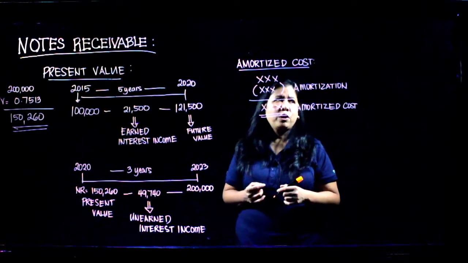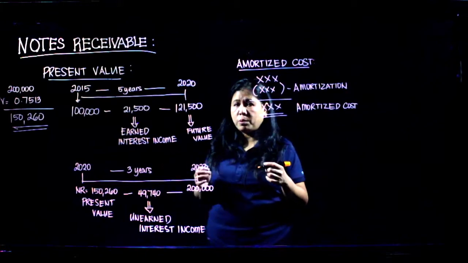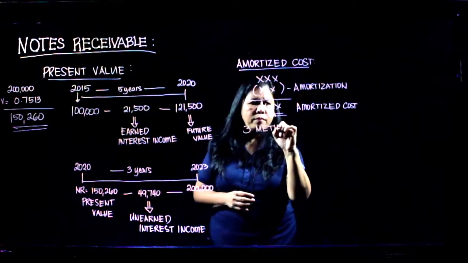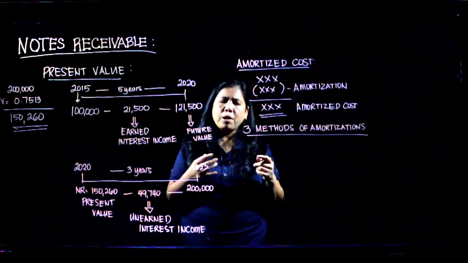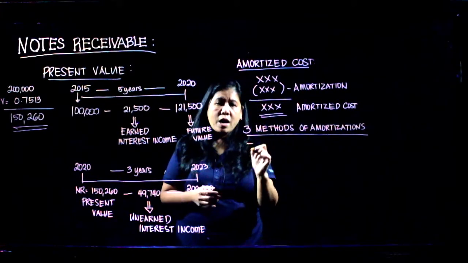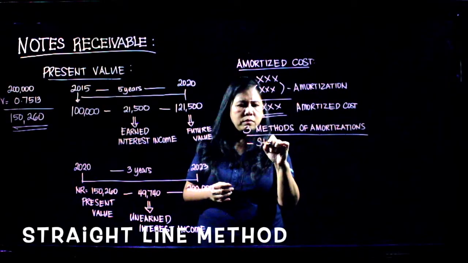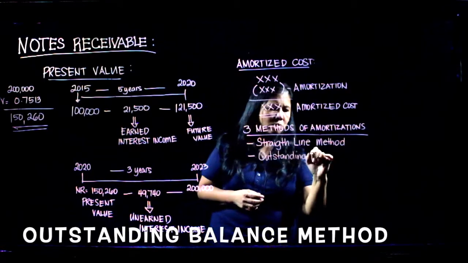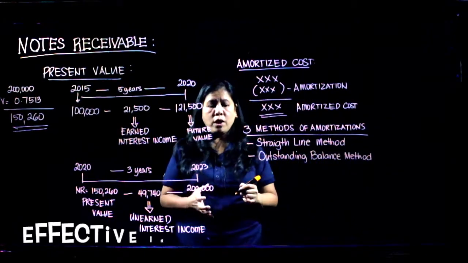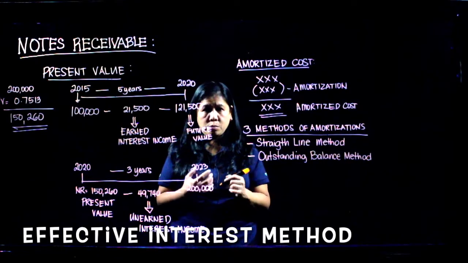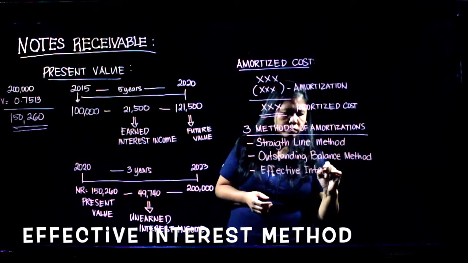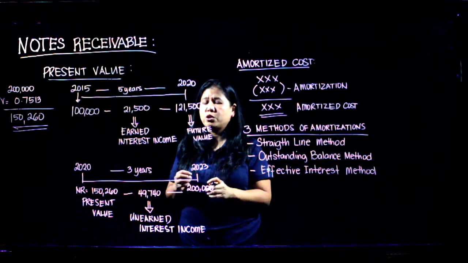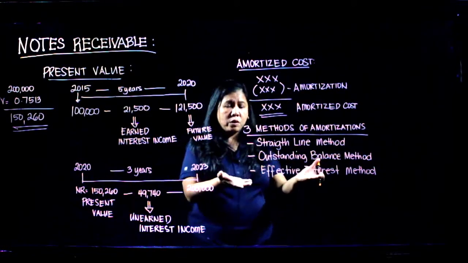Now, another thing I want you to learn on notes receivable is the 3 methods of amortization. We have the straight line method, the outstanding balance method, and the third one is your effective interest method. Most of the amortization we're going to use on the present value is the effective interest method.